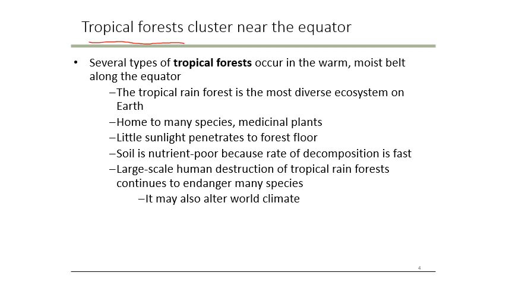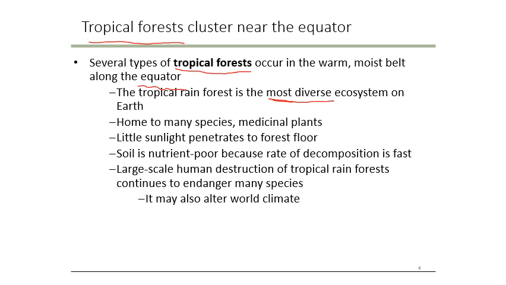So the tropical forests, these are in the warm, moist belts along the equator. Write down that here. Many different species live in these tropical rainforests, so very diverse. To know that, most diverse ecosystems, home to many species, different plants.